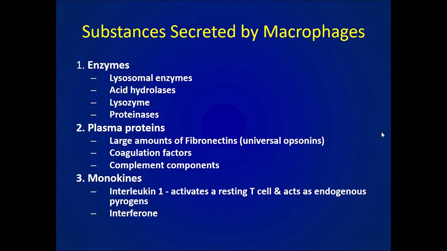So interleukin 1 is responsible also for elevating your body temperature, a fever-causing cytokine or inflammatory substance. And then some macrophages are also responsible for producing interferons. These interferons have been found to have antiviral activity.